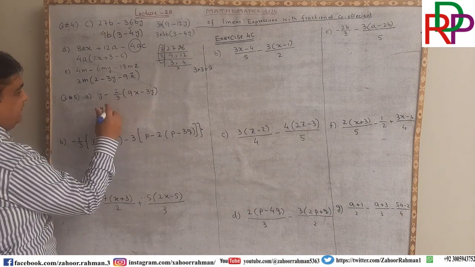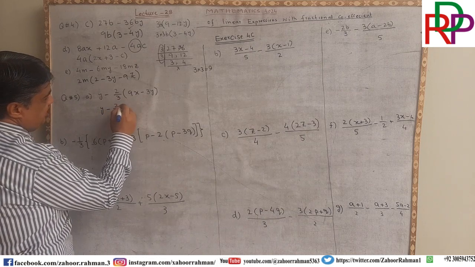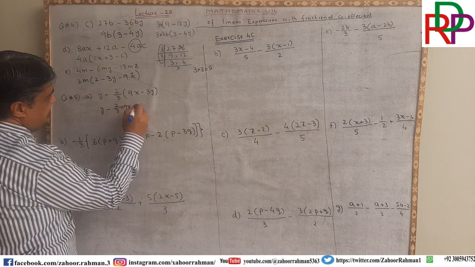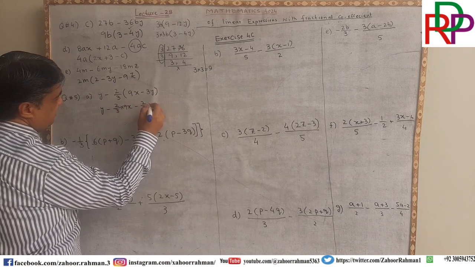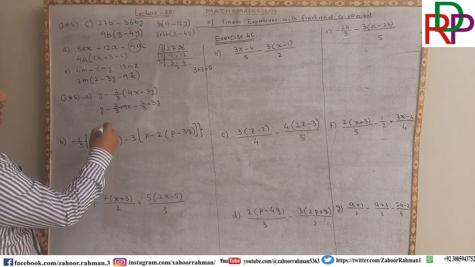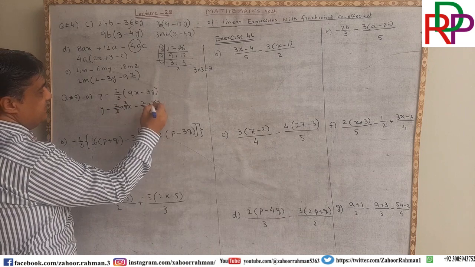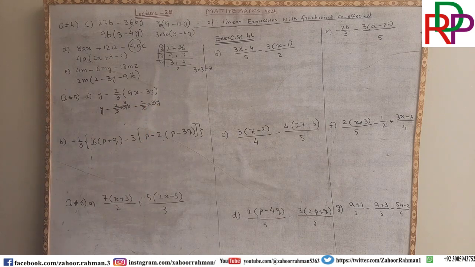First you have to evaluate this 2 over 3 multiplied by 9x minus 2 over 3 multiplied by 3y, and then this 3 will be cancelled with this one, and this 3 will be cancelled with this one.